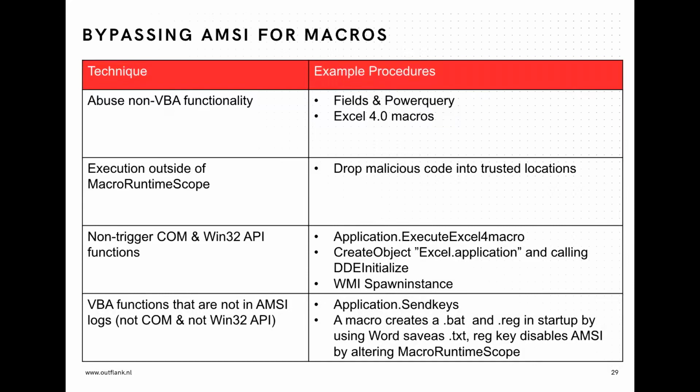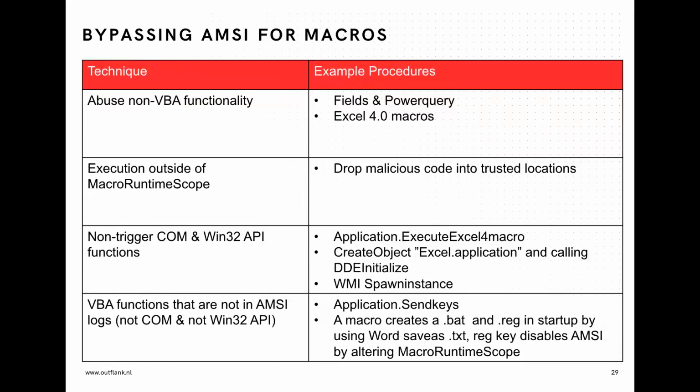If you have COM methods that don't contain the word shell or execute, you can run them and it won't be sent to MZ. It will still be in this log, but it will never be sent to the AV product. Examples of that are execute Excel 4.0 macro, DDE initialize, or WMI spawn instance. They're all words which don't contain the word shell or execute.